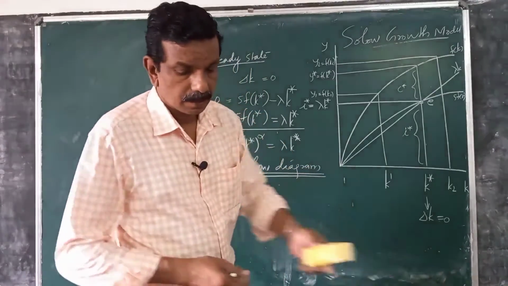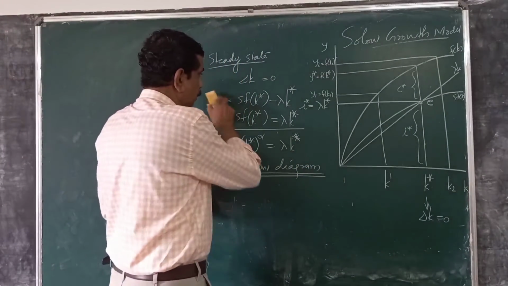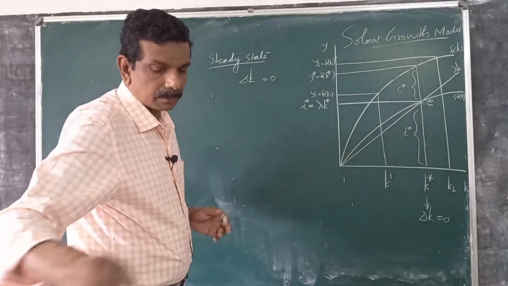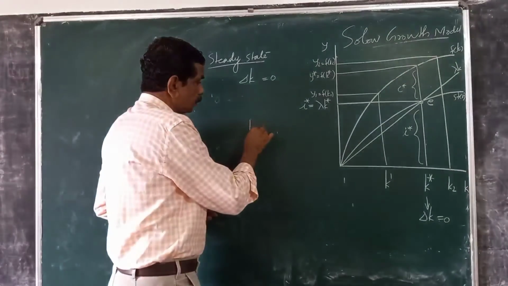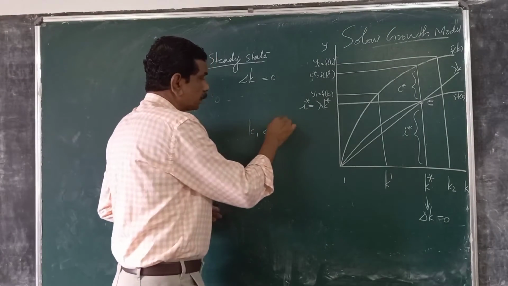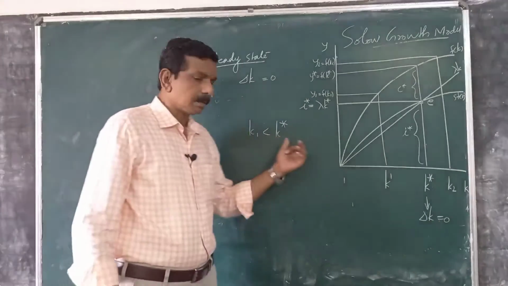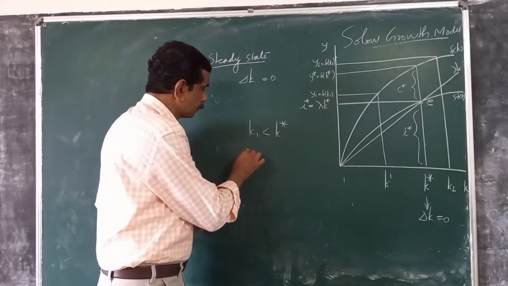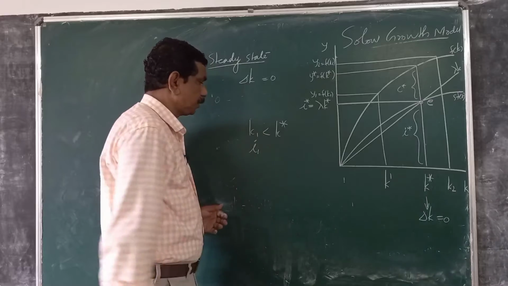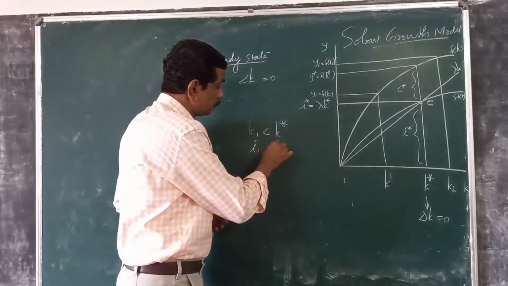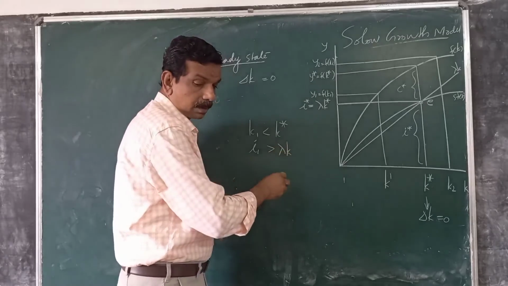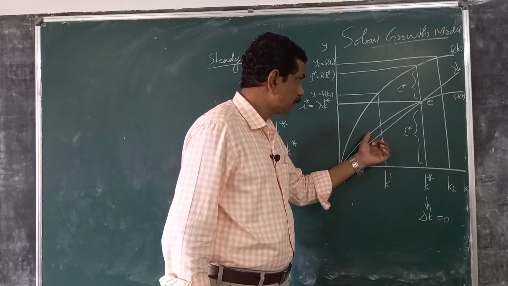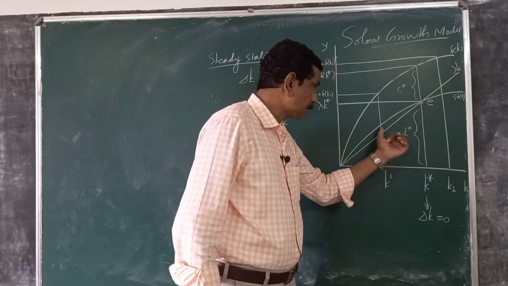Suppose that the economy is initially at a K by L ratio given by K1, less than K star. Here investment per head is greater than depreciation per head.